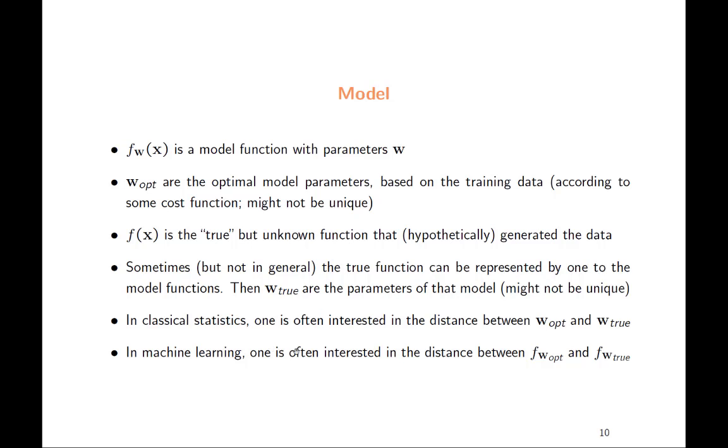In machine learning, one is often interested in the distance between the prediction of the optimal learned model with the optimal parameters and the true model. So we are more interested in the test set performance, whereas in classical statistics we are more interested in finding the correct and maybe interpretable parameters.